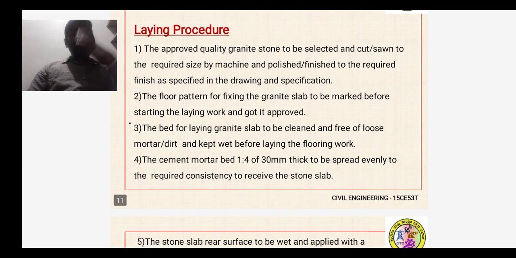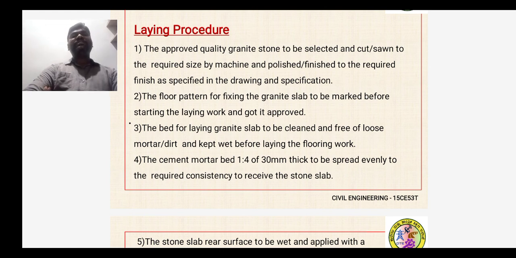Laying procedure of flooring. I discuss here granite flooring. First, the approved quality granite stone is to be selected and cut to the required size by machine and polished to the required finish as specified in the drawing and specification.